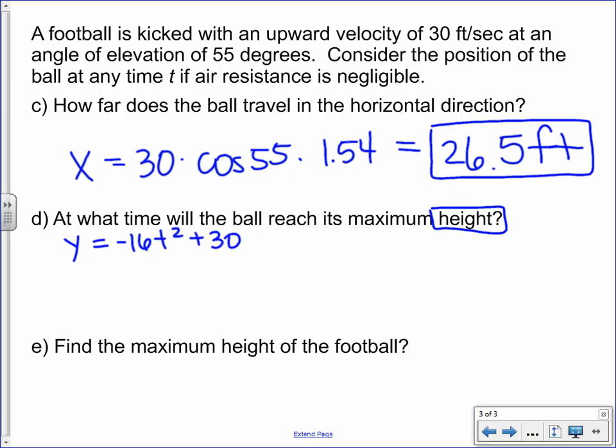Now, I'm going to suggest that you do not complete the square to find the vertex of this parabola, okay? It's not going to go very well. So there is a trick to find the coordinates, in this case, the t-coordinate of the vertex. Does anybody remember that trick?